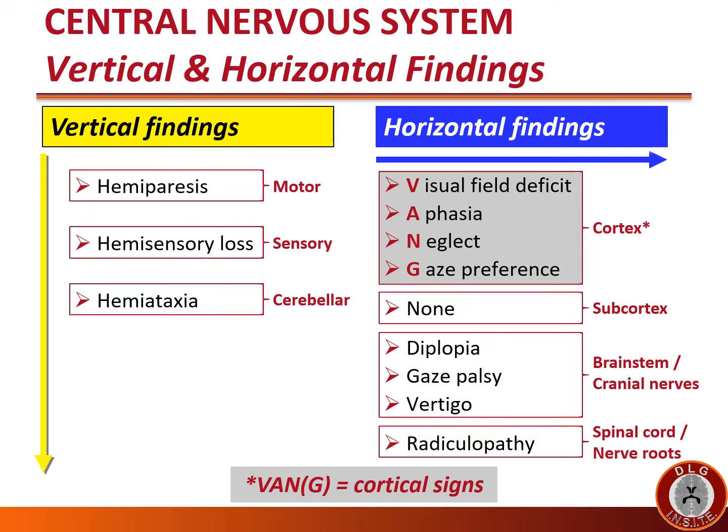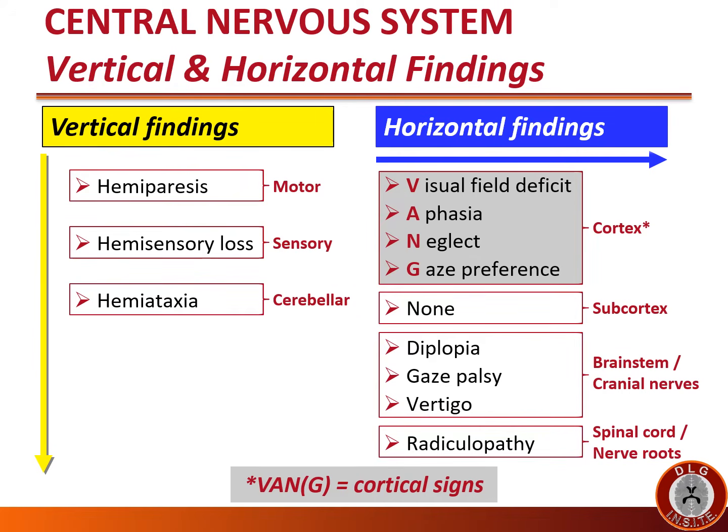The horizontal findings from rostral to caudal include the cortical findings of visual field deficit, aphasia in the dominant hemisphere, neglect in the non-dominant hemisphere, and gaze preference, sometimes referred together by the acronym VAN with a silent G. In the subcortex, there are no horizontal findings, only long tract findings.